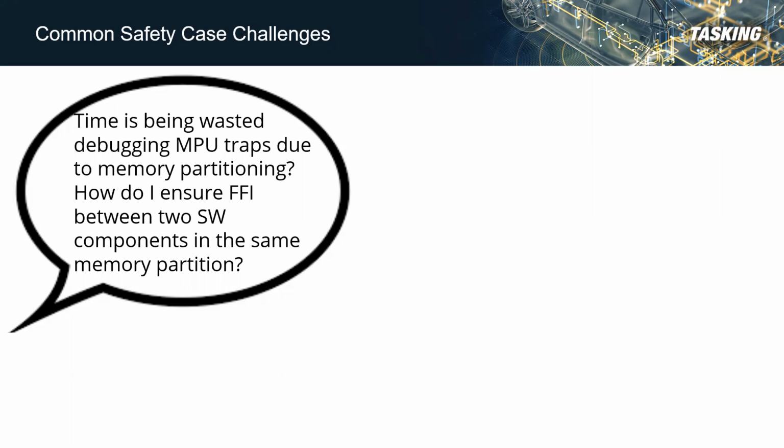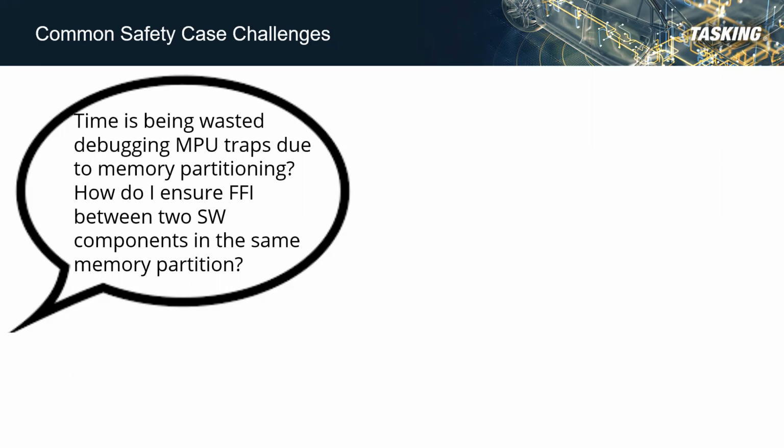So there's still a lot of work going on. Another big challenge is time. Here, the tier 1 is stating, hey, time is being wasted because we're debugging MPU traps due to memory partitioning. With, again, this ASIL D application, you have ASIL B, C, D type different software components. You have some QM software components.